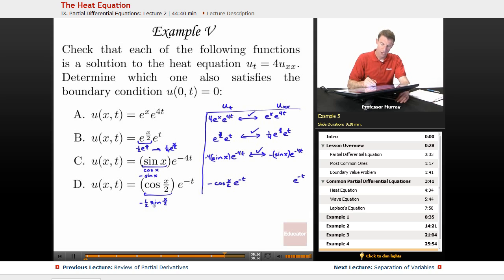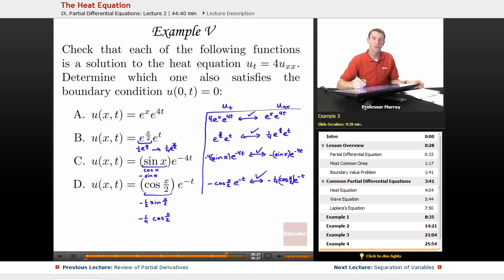And then the derivative of sine is cosine of x over 2. Multiply by 1/2 again by the chain rule, so we get negative 1/4 cosine of x over 2 times e to the negative t. And again, if you compare the left-hand side with the right-hand side, the left-hand side is exactly 4 times the right-hand side. And so again, we have a solution to the partial differential equation there.